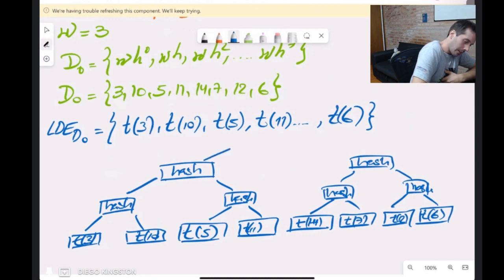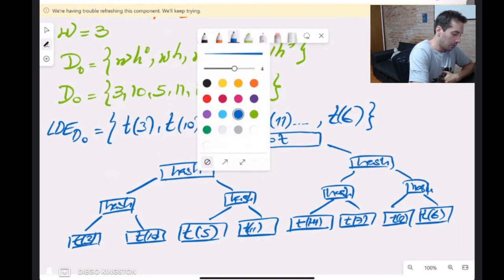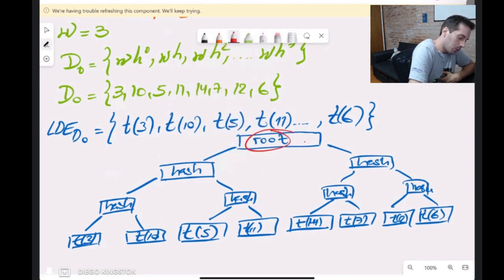And so we arrive at this point, which is what we call the root of the Merkle tree. If the prover wants to commit to this polynomial, all he has to do is send this root to the verifier.